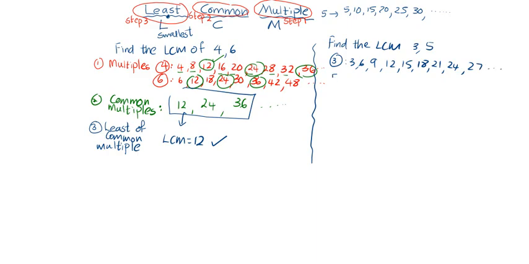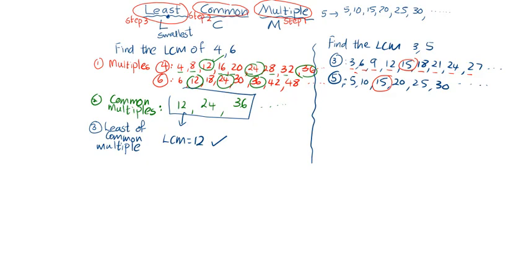The multiples of 5 are 5, 10, 15, 20, 25, 30, and so on. In step 2, we find the common multiples. There's no 3, 6, 9, or 12 in the other list. Yes, there's a 15, and there's no 18, 21, 24, or 27.